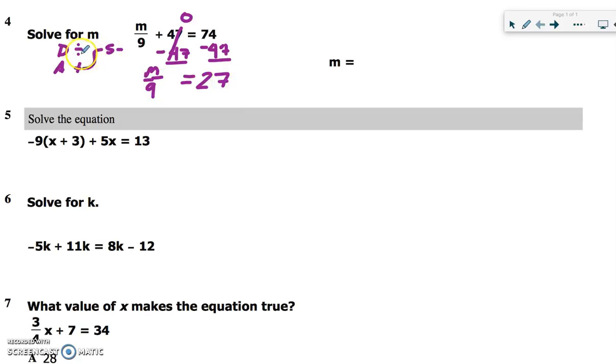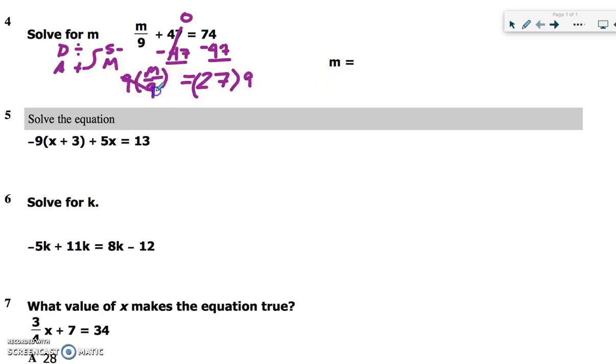Okay, and the other operation that I did prior to addition was division, so now I need to multiply. Multiply both sides by 9. Gotta get that m by himself, so multiply both sides of your equation by 9. If you are about to say that m equals 3, I bet that's what you were about to say, but it's okay.